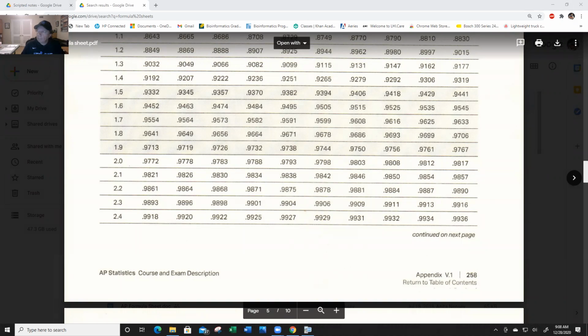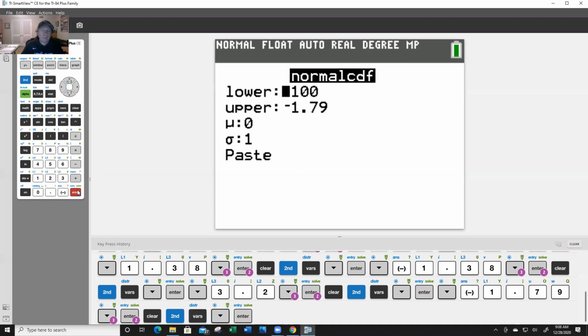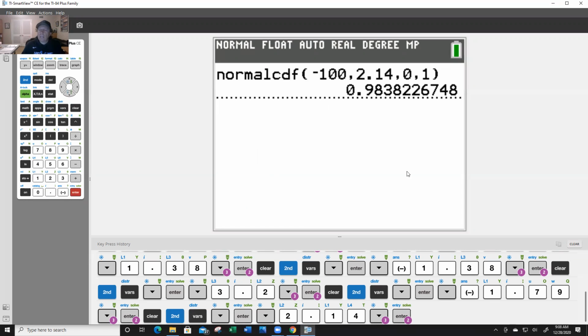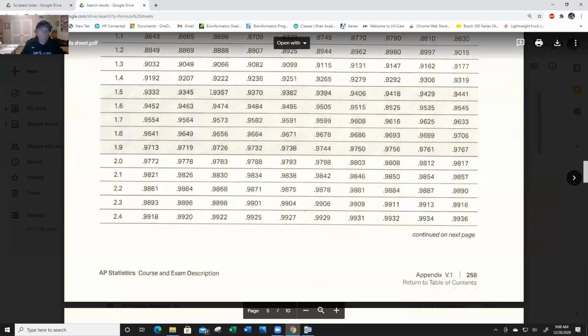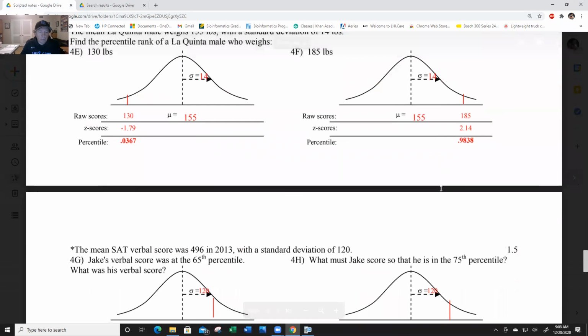On the calculator, that will come out, again, area below, second, distribution, NCDF. This will be 2.14, all right? 0.9838. Go to 4 spots on that. 4 spots right there. Okay. Next.